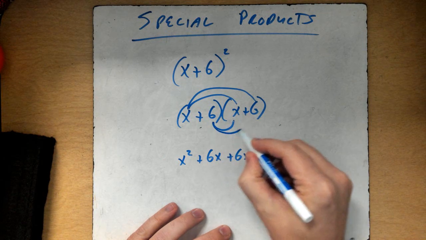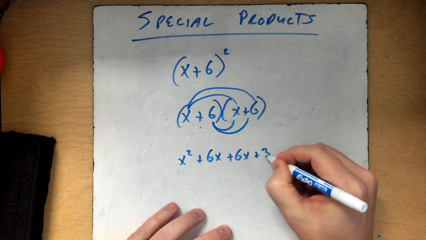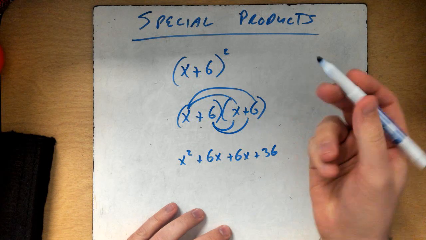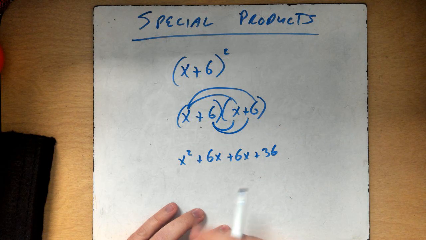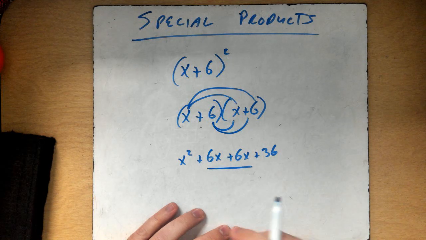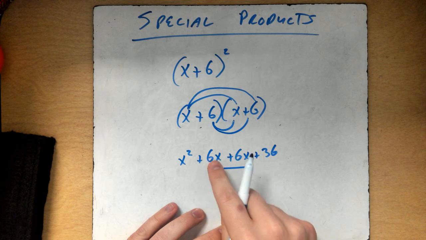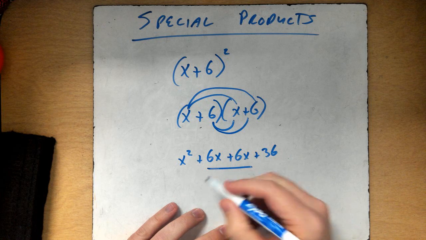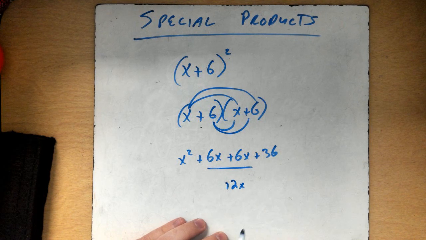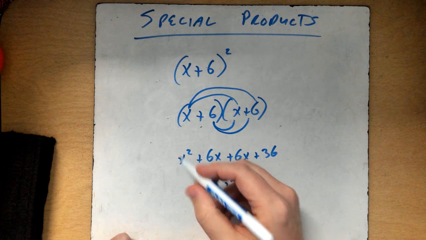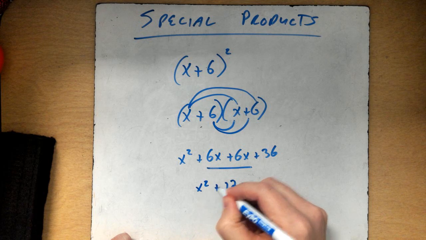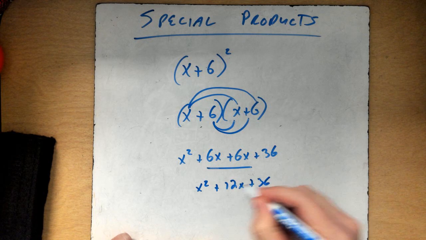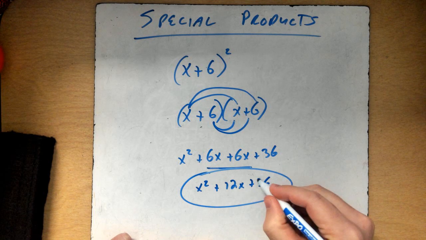And then 6 times 6 to get a positive 36, right? So basically, we're just multiplying all these things. And then we add the middles because they both have x. So 6x plus 6x gives me 12x. And then I bring down my x squared and my 36, okay?